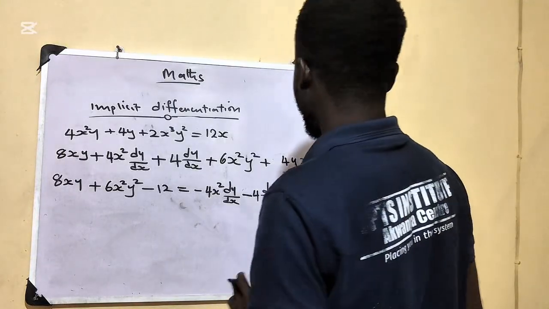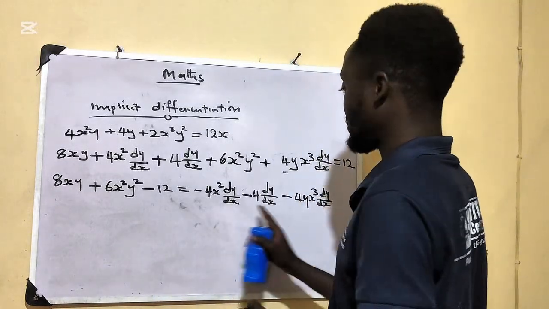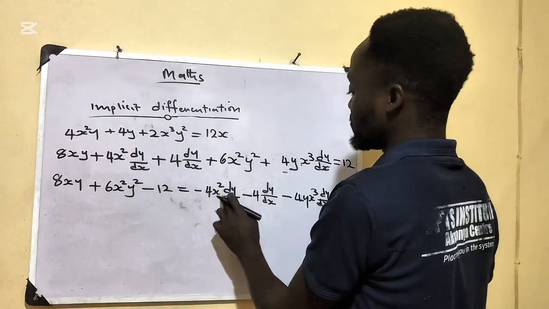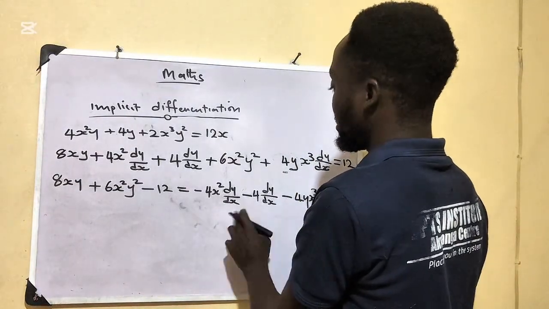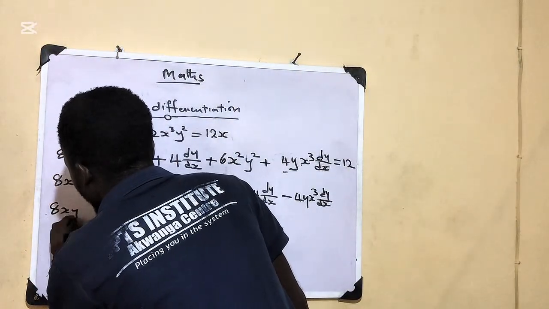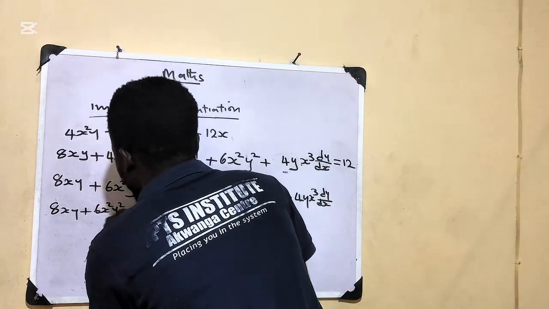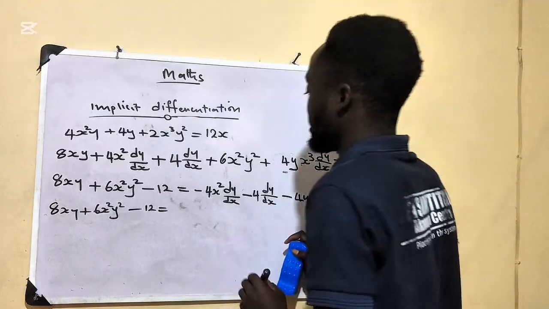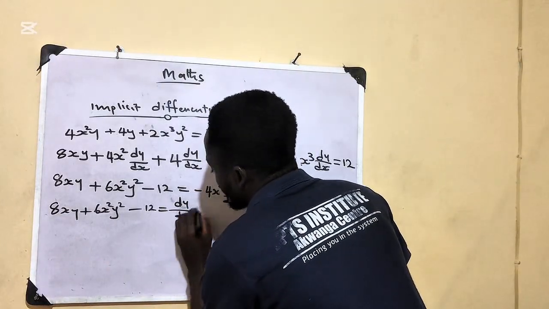Alright, so now we have collected like terms together. What we want to do next is to factor out the common term between these ones. You can see that all of them have dy dx. So what I want to do next is factor out the common term, which is dy dx, okay? So we are going to have 8xy plus 6y squared minus 12 equals to, so if I factor out dy dx from here, I'll have dy dx open bracket.